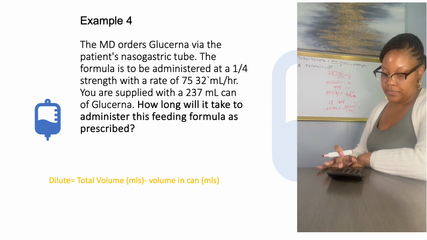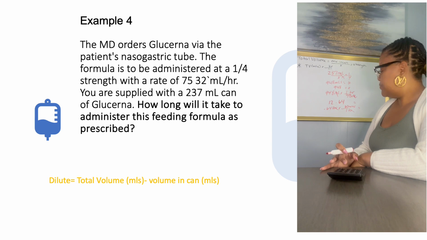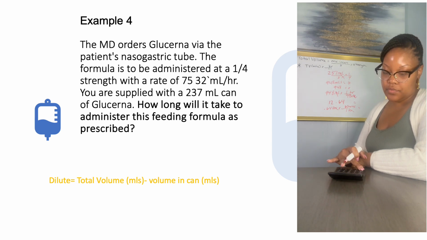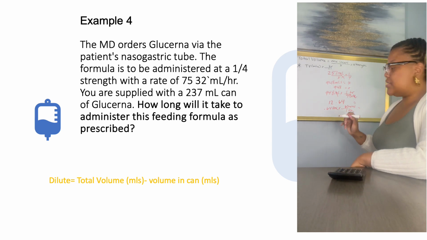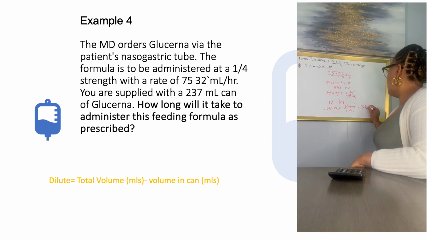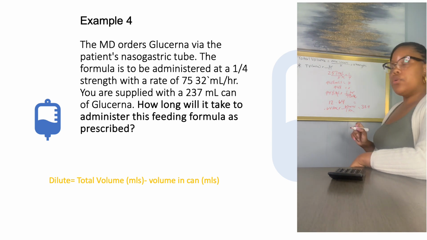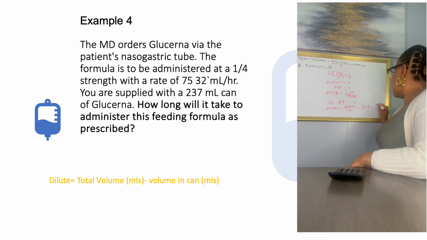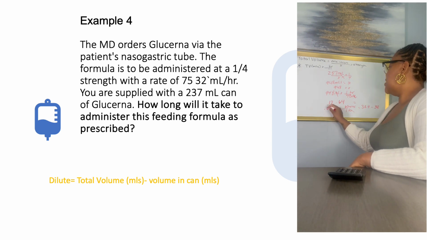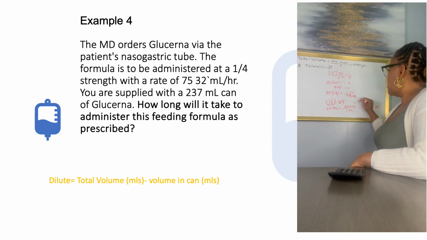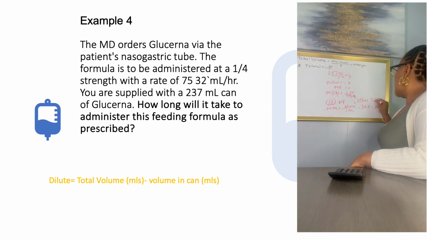So 0.64 times 60 would give us 38.4. We're going to round to the nearest whole number. It's not greater than 5, so it stays at 38. So we go back here. Can't forget our 12. So we're then going to be at 12 hours and 38 minutes.